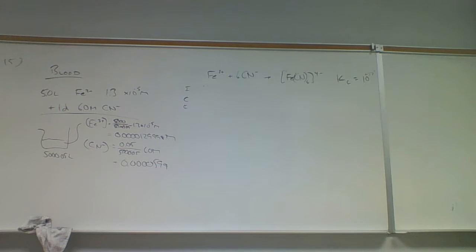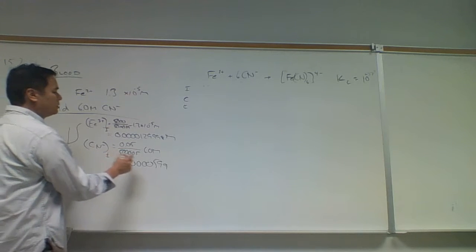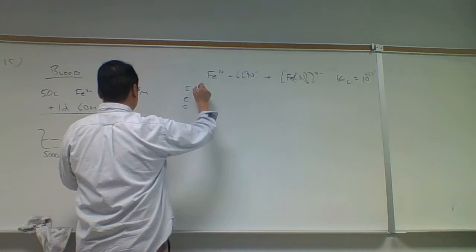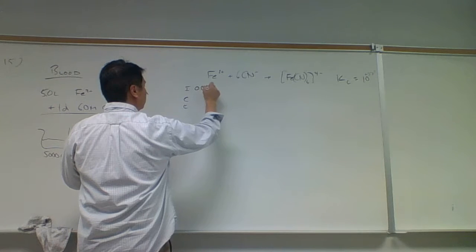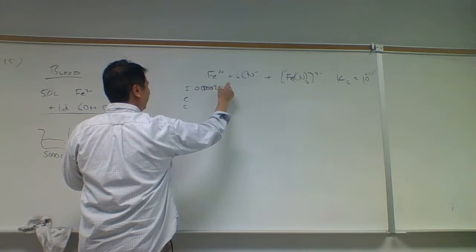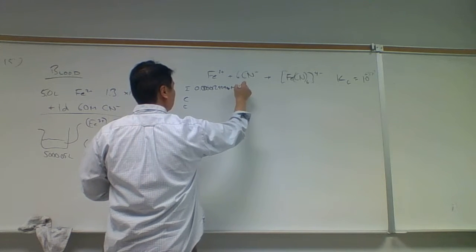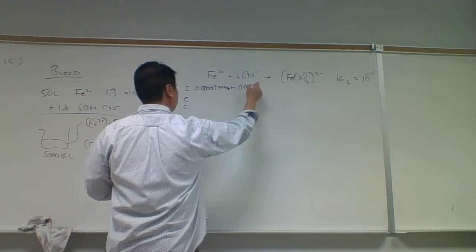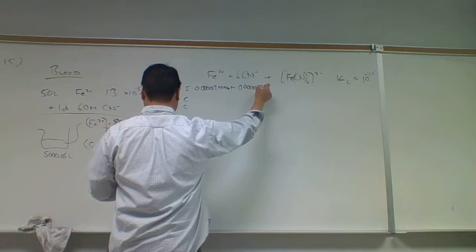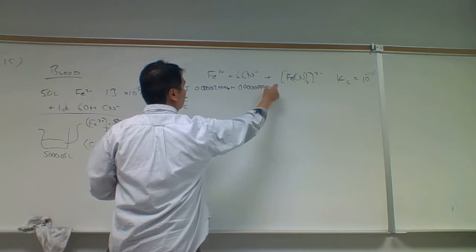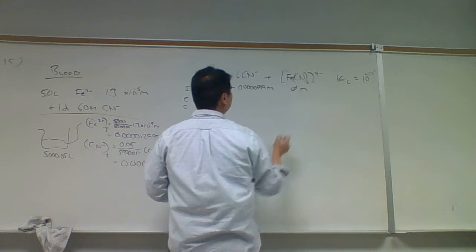It's about a 10,000 times dilution. So these are our initial concentrations after solution dilution. So we just plug them in here. Iron: 0.0000129998 molar. Cyanide: 0.0000599 molar. Complex: 0 molar.